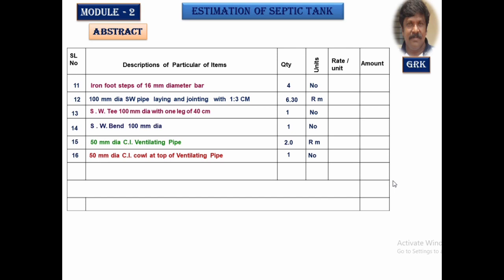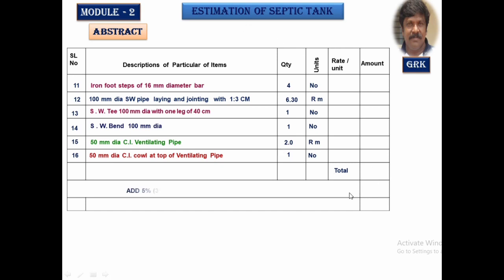Once you know the rate, I told you quantity into rate per unit will get me the amount. Multiply all those things and add them up. We'll get the final summation here. That will be the total amount for this septic tank and the soak pit.